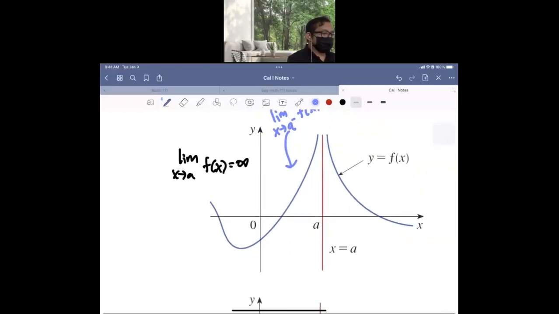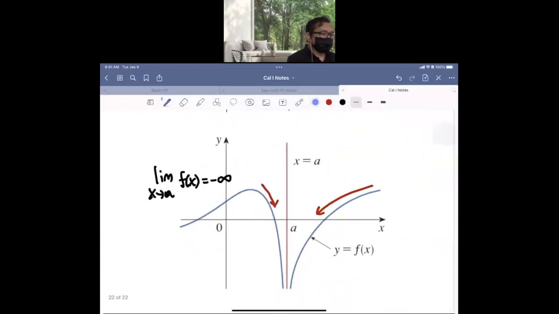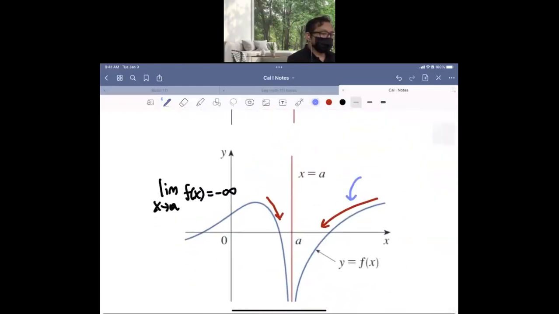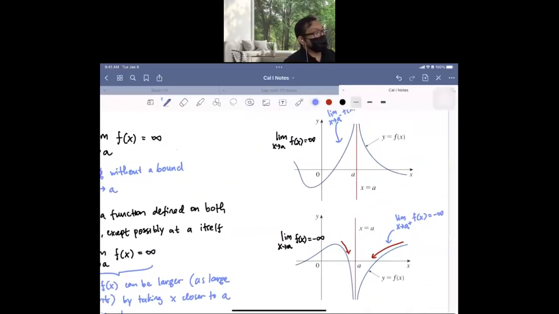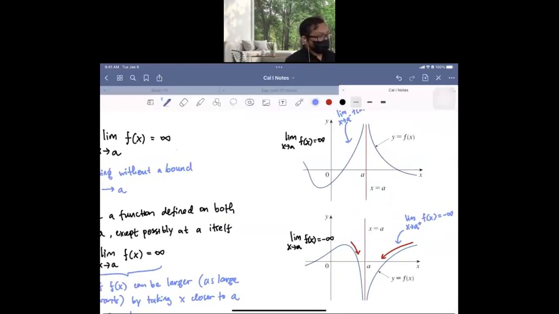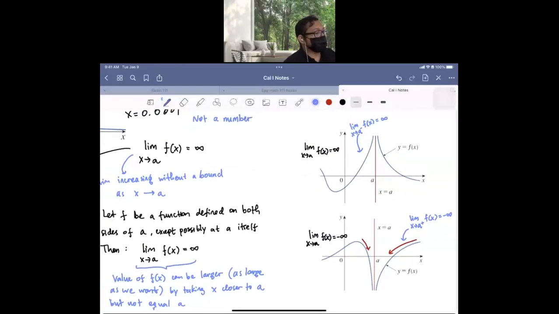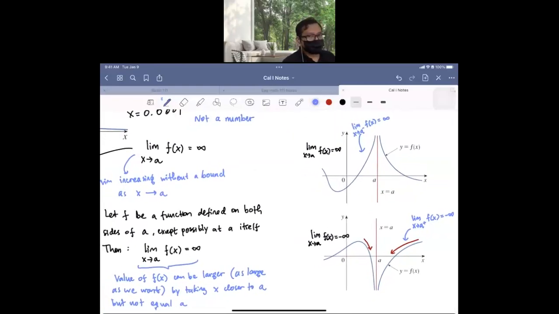Or maybe here on the right, we can write limit as x approaching a from the right, but it's going to be negative. So from all the combinations that you can make from this graph, the one-sided limits, the whole limit, we may have what we call the vertical asymptote, which is x equals a.